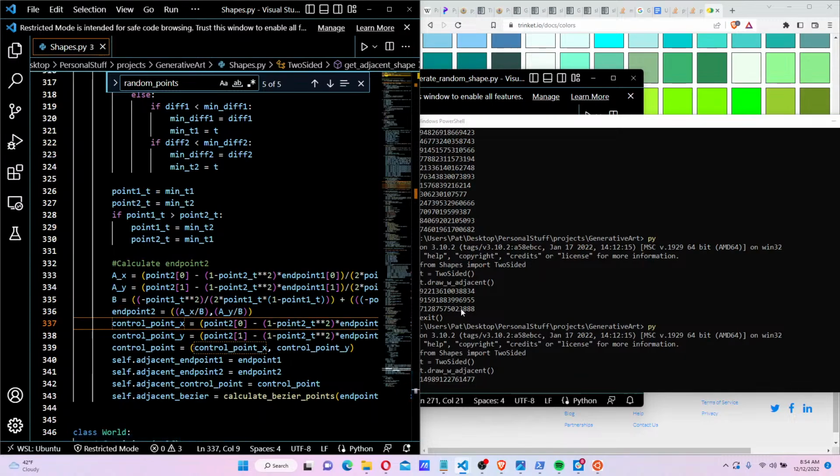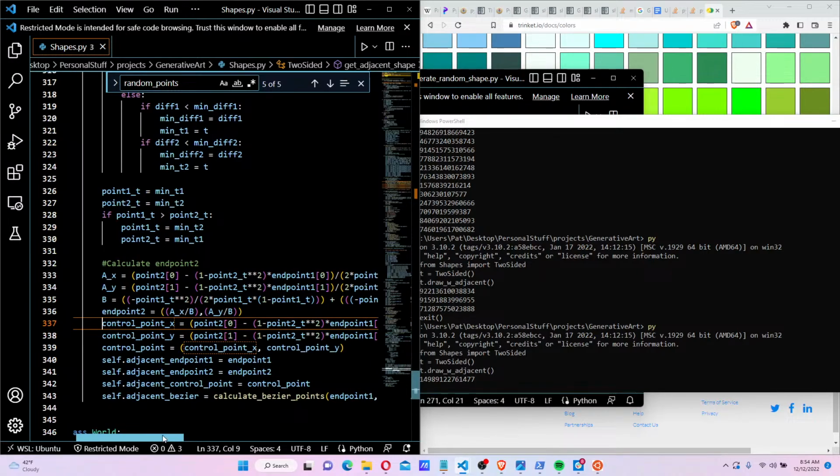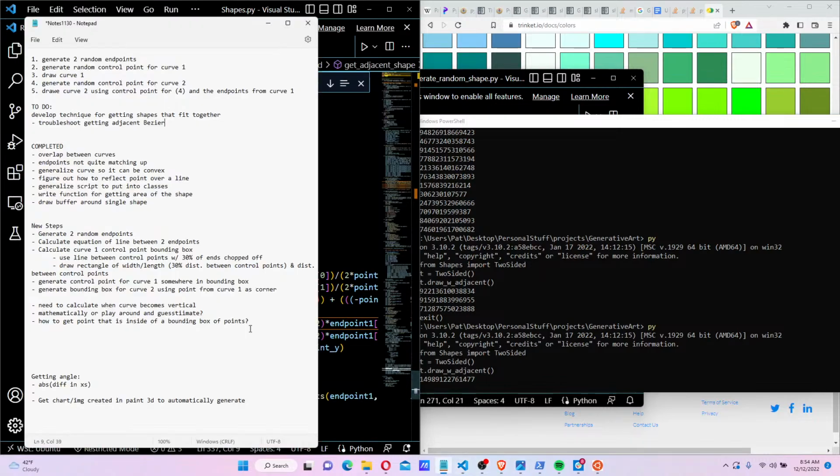So endpoint 2 is being calculated incorrectly somehow. So that's where I'm going to start when I work on that.